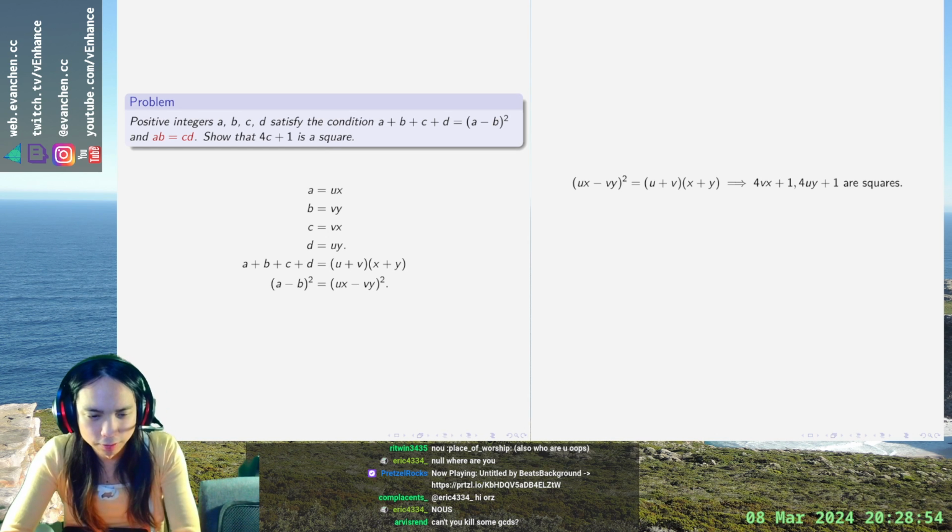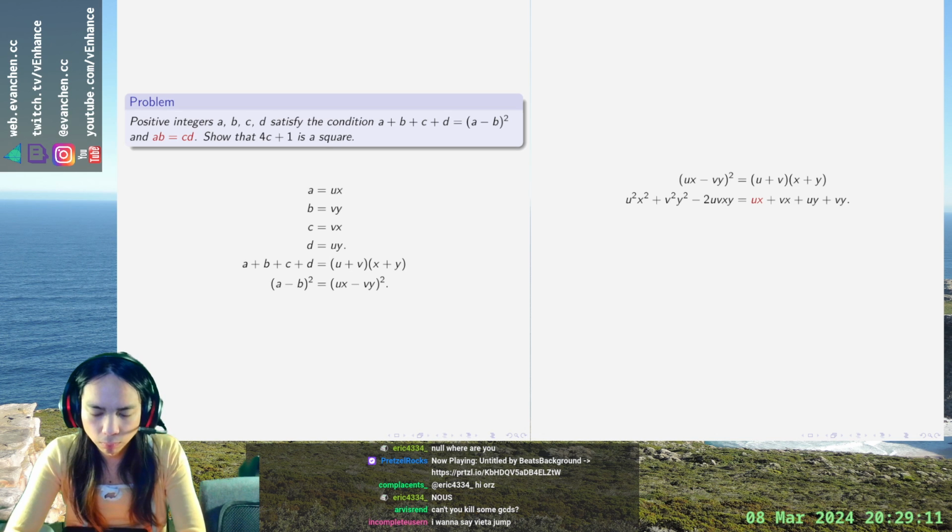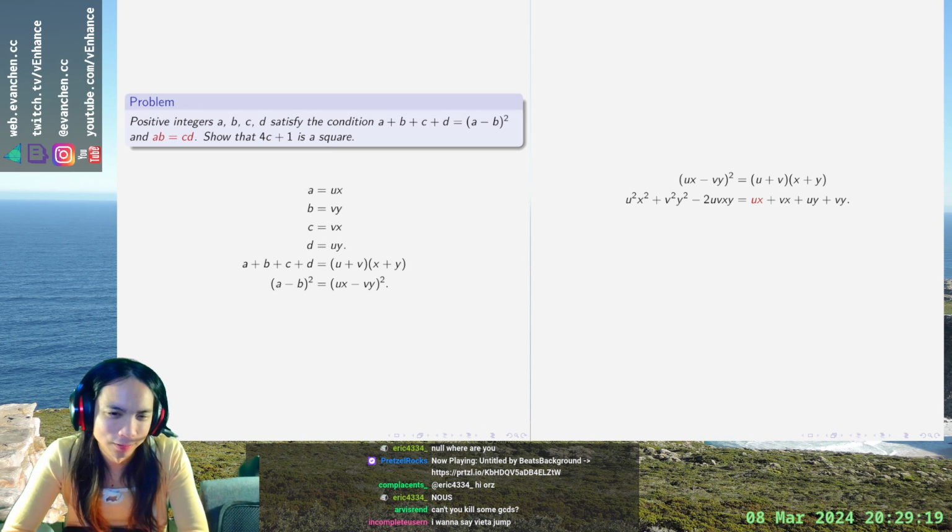So u squared, I'm going to fully expand this, plus v squared y squared minus 2uvxy should equal. We'll save one ux and then we'll write everything else out. Do I want to make vx or uy? It shouldn't matter.